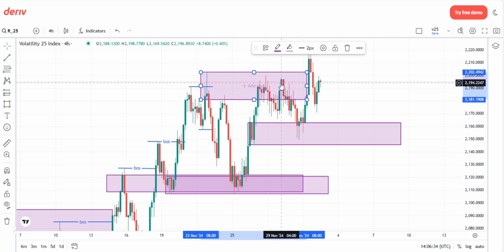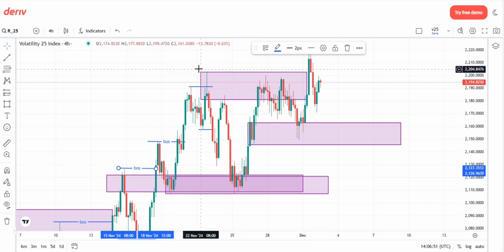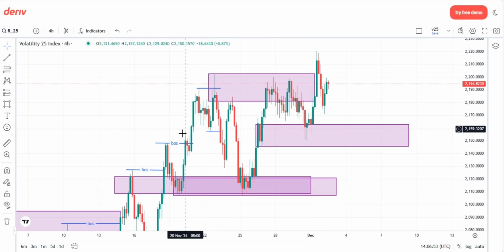You can see first top, second top, third one, and then the market rallied down to this order block and gained support on this zone, and the market broke structure to the upward direction.